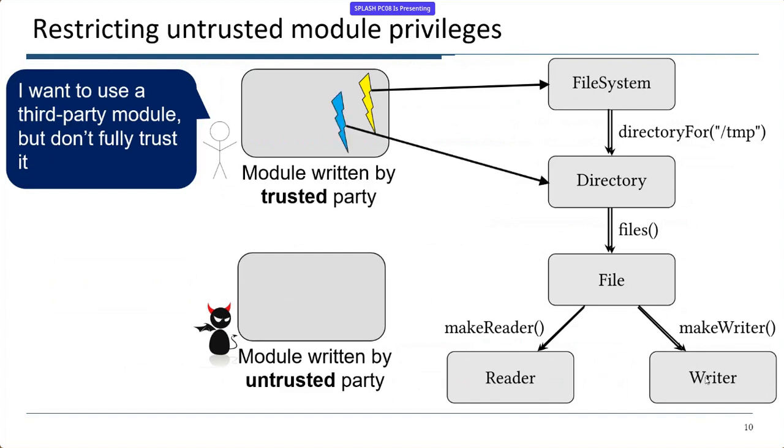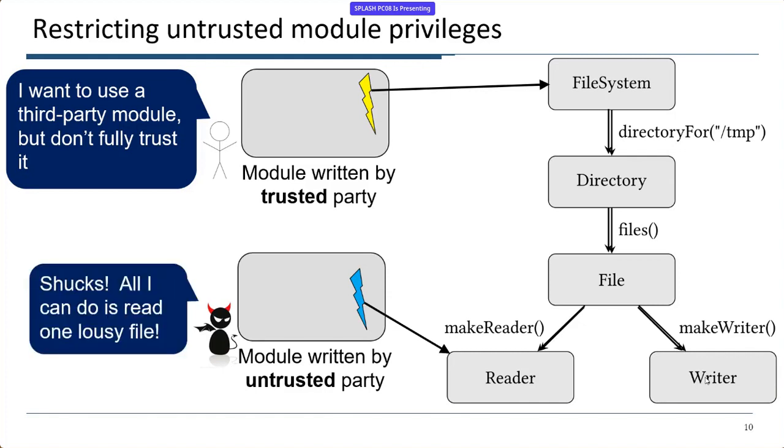So what we can do is take our capability for the file system and ask for a capability for the directory. And then we can ask the directory for a capability to a file, ask the file for a capability to a reader, and then we can pass this to our third-party module, right? Because in this case, that third-party module perhaps only needs to read a particular file among all the files in the system to do its job.